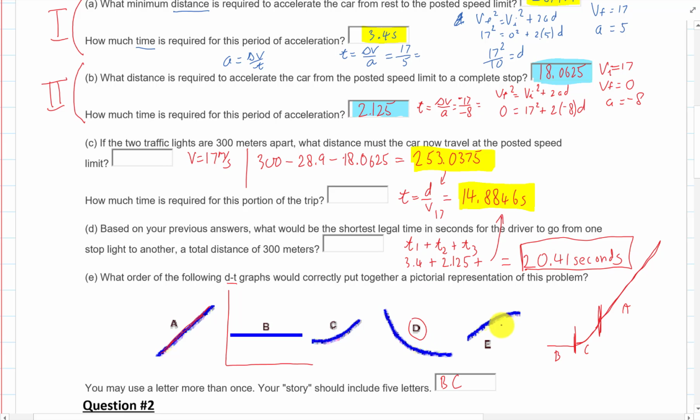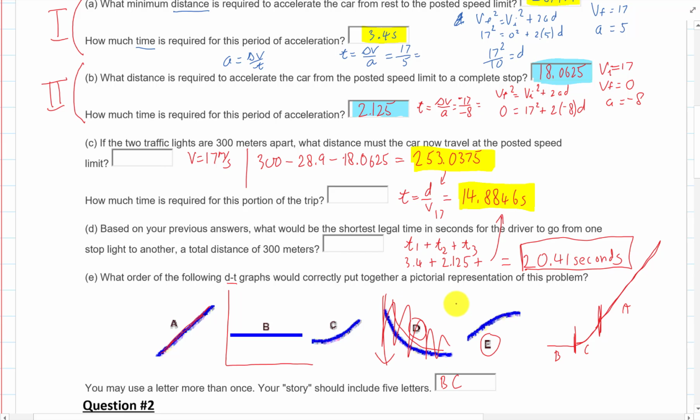E is what slowing down looks like. D is actually moving backwards. D is going down. So at no point does D ever occur here, because when you're going from traffic light to traffic light, unless you're driving on a standard uphill, you don't go backwards. So D doesn't actually exist.